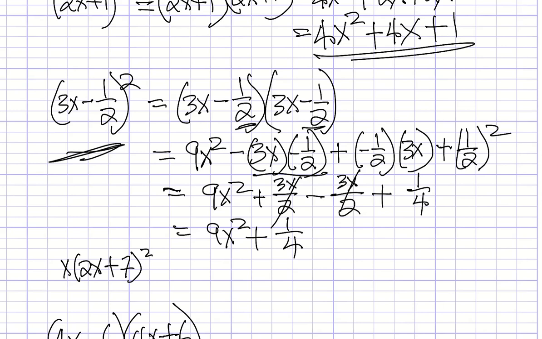Or did I make a mistake? Hang on a minute. I might have made a mistake. Let me check. Yes, I think I see a mistake. Watch this. Okay, let's do it all over again. 3 times 3 is 9x squared, right? And then 3 times negative 1 over 2.